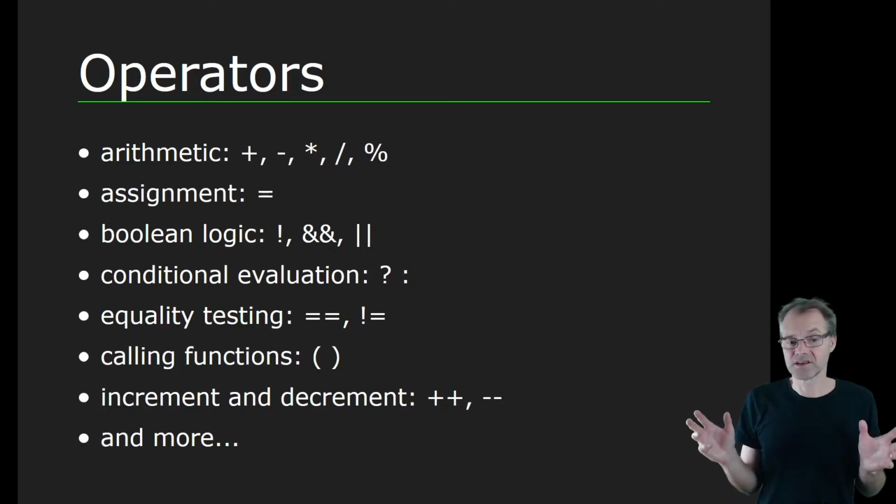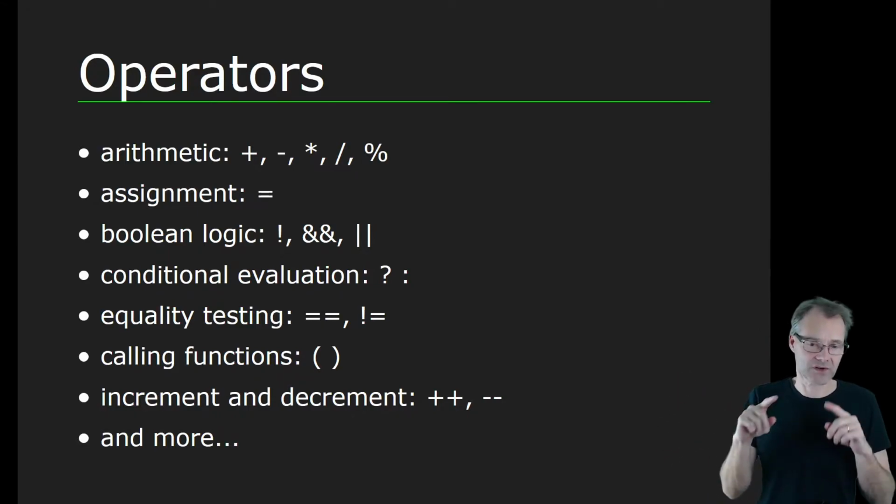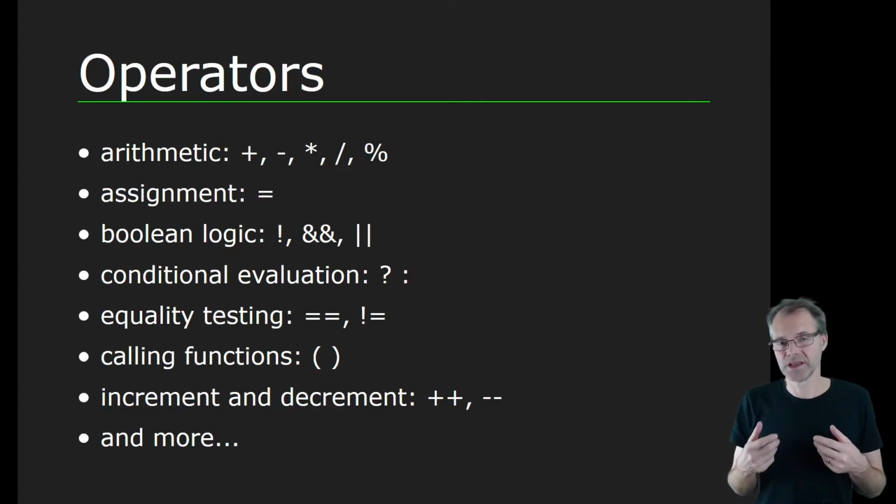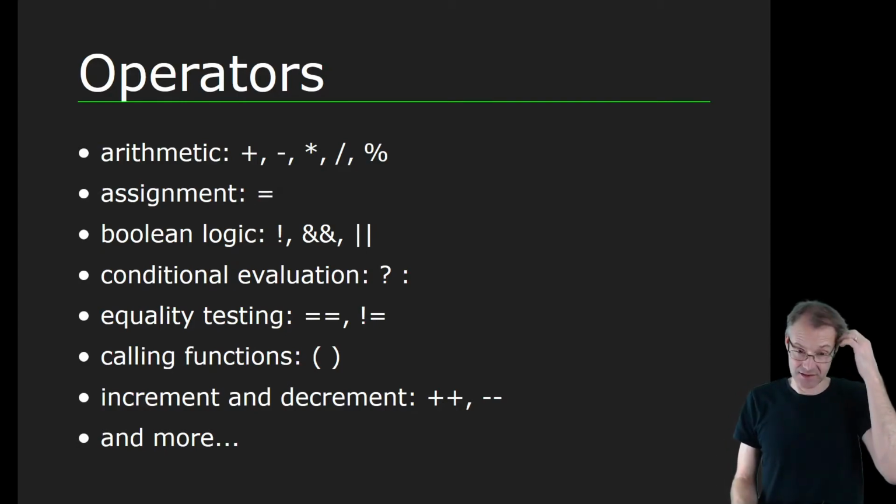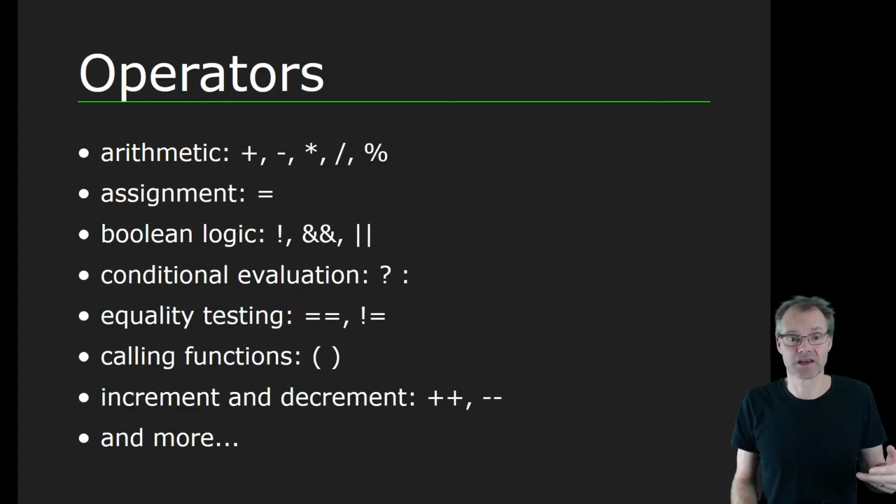We do testing on equality, we call functions, we do increment and decrement, and more of these basic operators. Of course, we have bitwise calculations also, which is, well, we are in C, so you might want to use that.